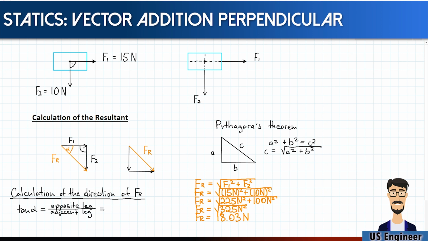Now, in our case, the opposite leg is F2, and the adjacent leg is F1.